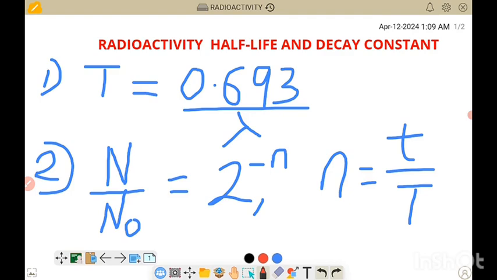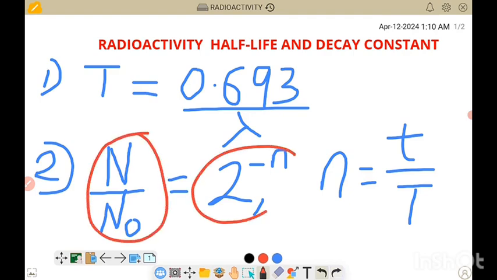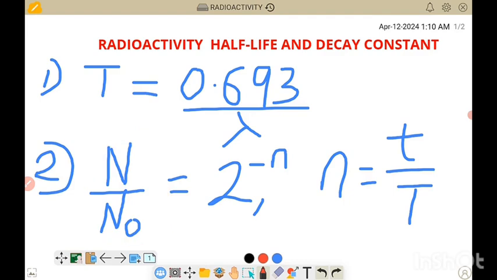Now, the second formula we're going to be considering in our calculation, we are going to look at this equal to this, and let me quickly talk about the meaning of each of these. Let me start with n naught. N naught represents the quantity of radioactive substance given before the decay, that is the original value.